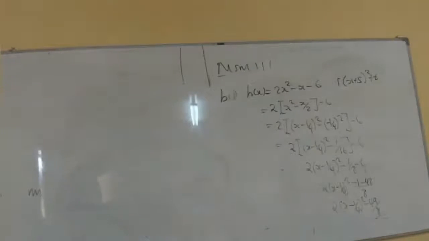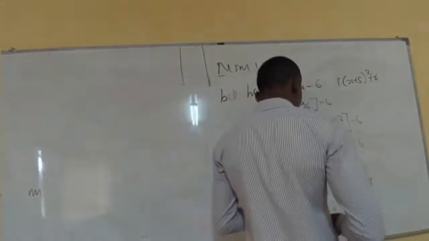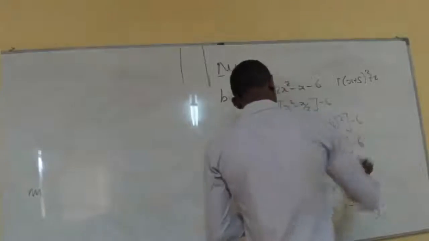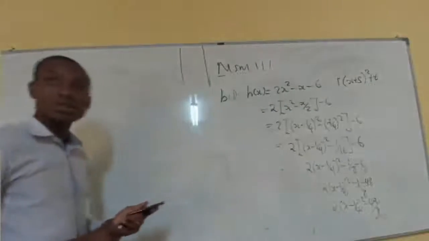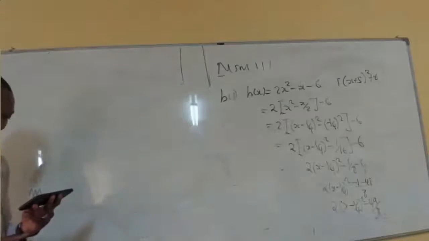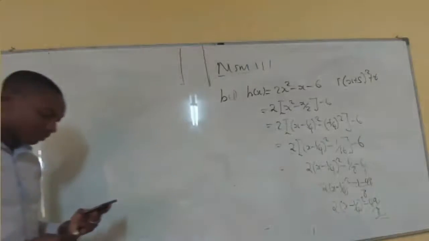So 2 open brackets x minus 1 over 4 squared minus 49 over 8. Okay, that is what we get as our final answer.